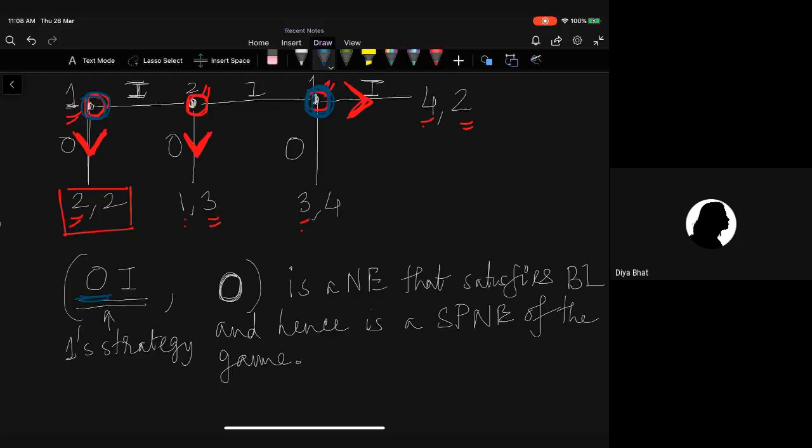For player one to evaluate what is to be done on the first node, it must have a full plan of action, what it would do if it could move on the third node. In absence of such a full plan of action, it is not possible for player one to decide what to do on the first node, right?